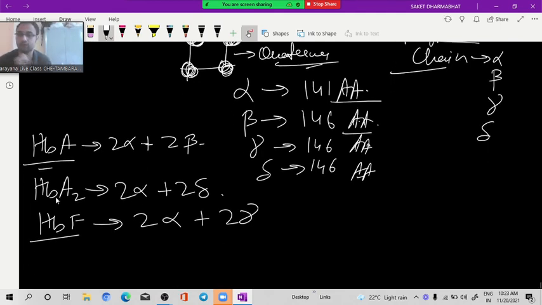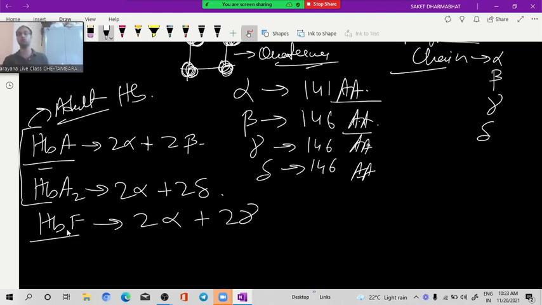Okay, tell me, out of these three, these two are what? Adult hemoglobin. This is what? Fetal hemoglobin. Now tell me, out of adult and fetal hemoglobin, who is having high affinity toward oxygen? Fetal, yes.